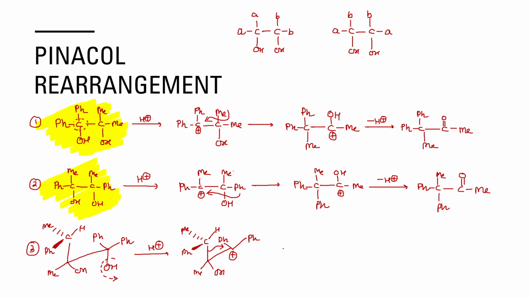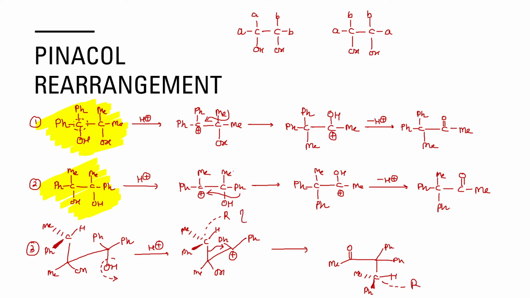This will migrate, and after this migration you remember, if the migrating group is chiral, then it migrates with the retention of configuration. So the product that will form will be of this kind: Me double bond O, Ph, Ph, and this carbon, Me, Ph, H. So if its configuration is R, its configuration will persist as R.